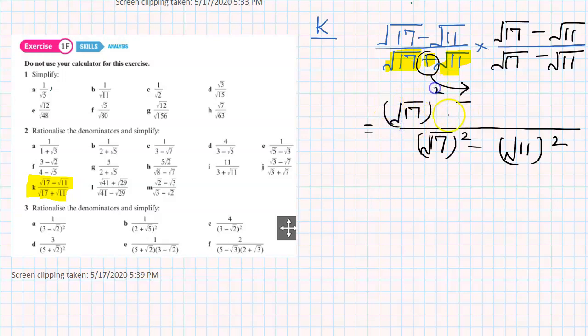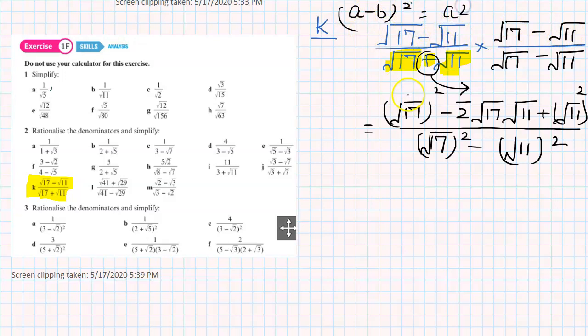Now this is a minus b square, so it is 17 square minus 2 root 17 root 11 plus root 11 square. That is a square minus 2ab plus b square.